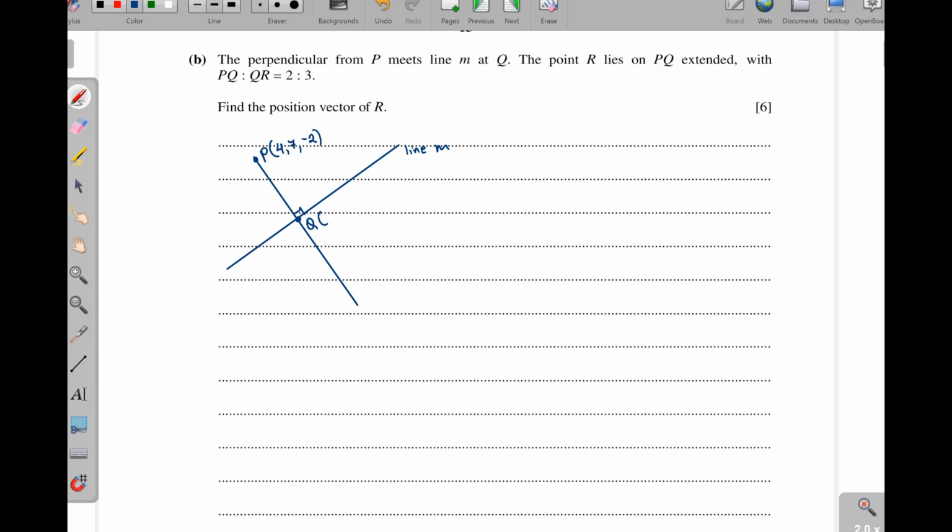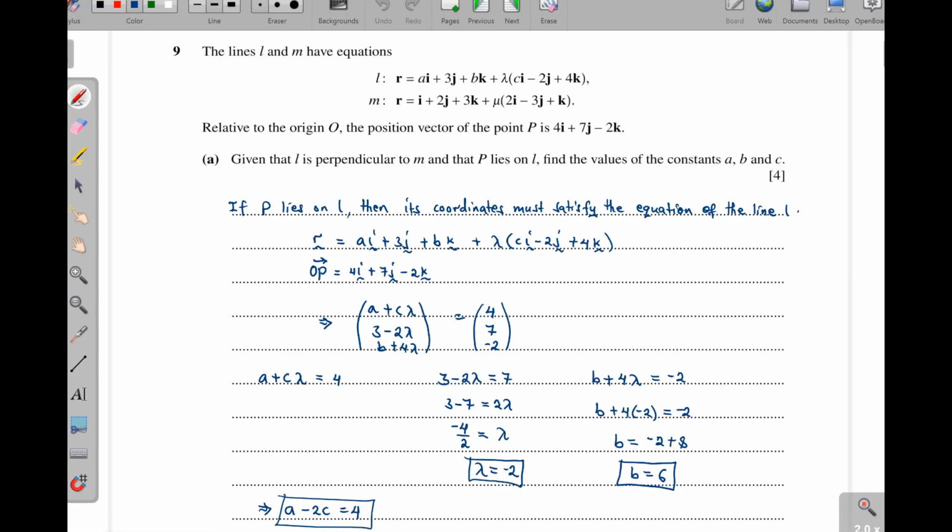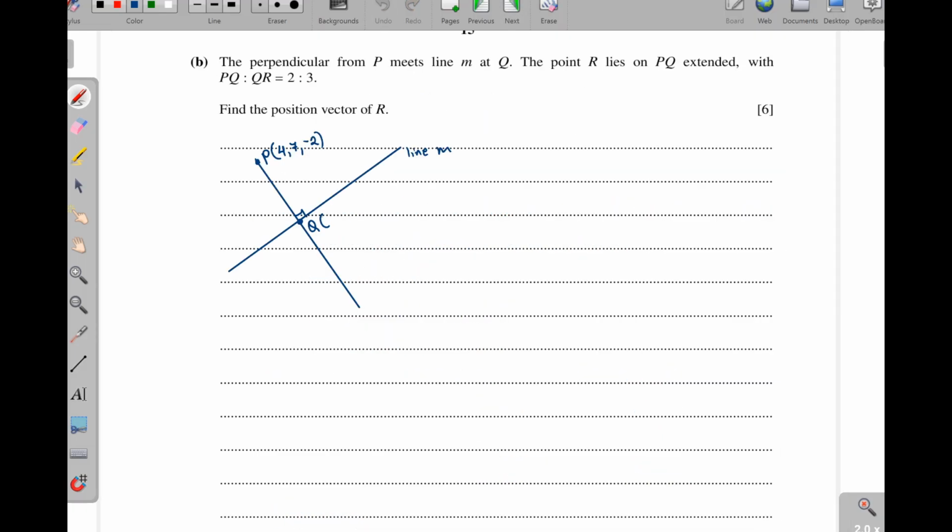And then I said that if a point lies on the line, that means its coordinates must satisfy the equation of that line. So when we go to line M, this is what we are having here. Now, the x-coordinate of Q, right from here, the x-coordinate of this line is going to be 1 here, then 2 mu. So I'll write here 1, then plus 2 mu. You see that?